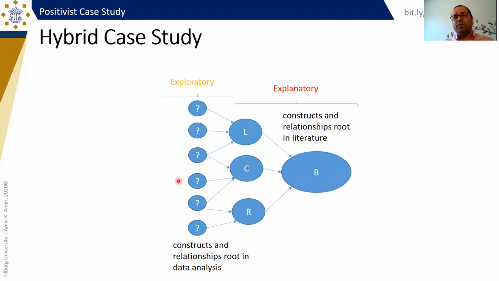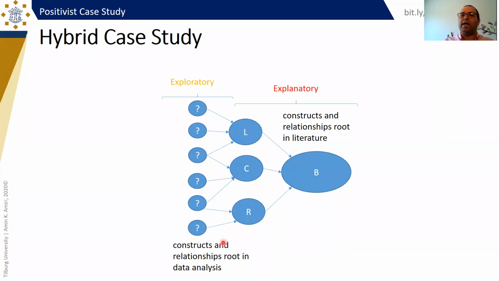You may end up also with a hybrid case study as well. So you do a literature review, you find this in the literature and the constructs, you know that all these exist, you cannot come up with new relationships here. So you would go back and you would say that, okay, I'll try to find out the antecedents of these.